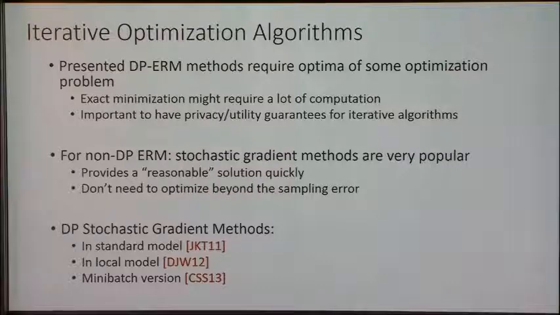And then in the local model, where the person who has the data does not even trust the learner, John, Michael Jordan and Martin Wainwright have some results for stochastic gradient methods. And a couple of days back, Anand presented some results for a mini-batch version of the stochastic gradient descent methods.